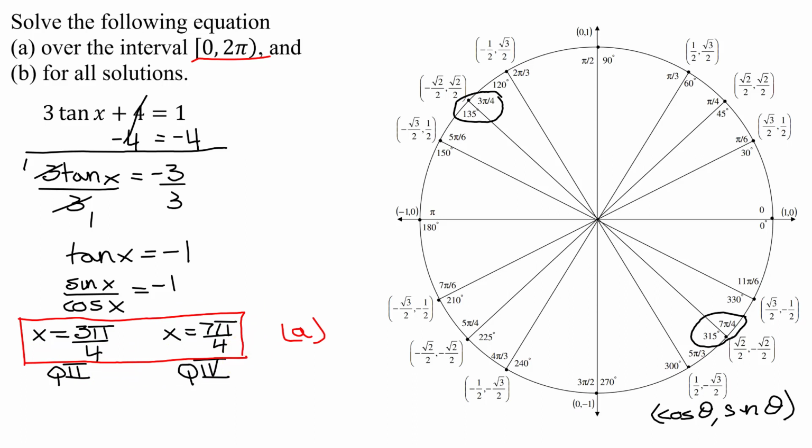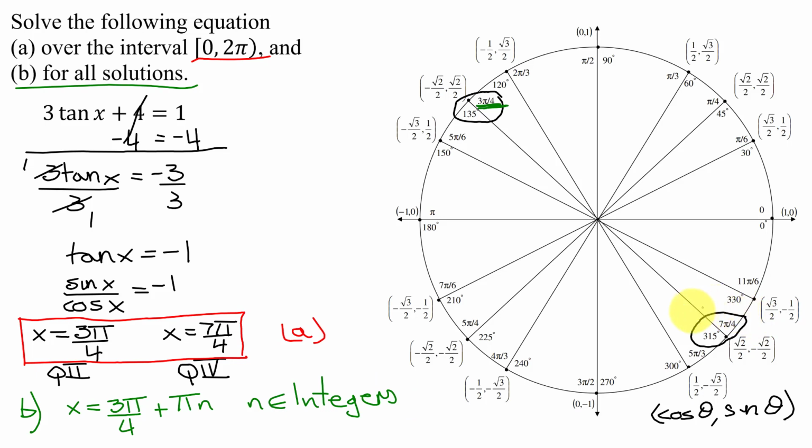Now, in part B, we need to find all solutions. Remember, the period of the tangent function is just pi, not 2 pi. So all I have to do is take my first solution, 3 pi over 4, and then just add pi n, where n is an element of the integers.